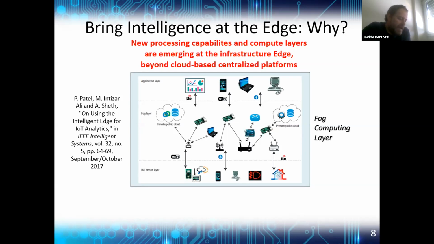Similarly, a number of higher-end devices are currently appearing, such as Raspberry Pi, Android-enabled smartphones, NVIDIA Jetson TX2, and Xilinx Versal platforms, which aim at some form of high-performance computing while taking into account the tight resource budget that you have in an edge computing environment.